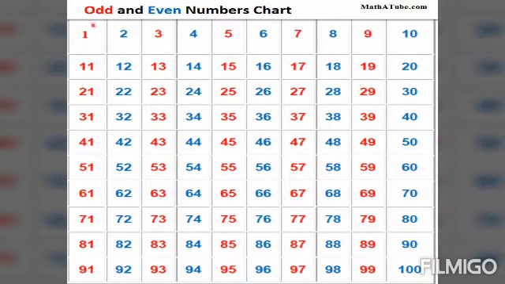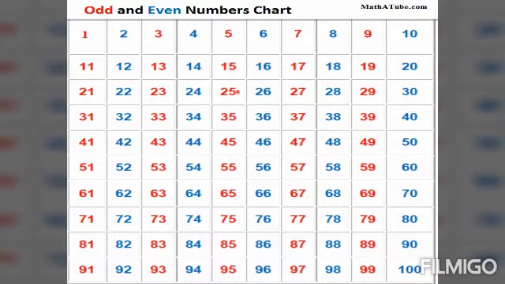So all these numbers with color red, as you see in the columns, are all odd numbers. So we have 1, 11, 21, 31, 41, 51, 61, 71, 81, and 91, all odd numbers. And the next one also, these are ending with 3, so all these are odd numbers.